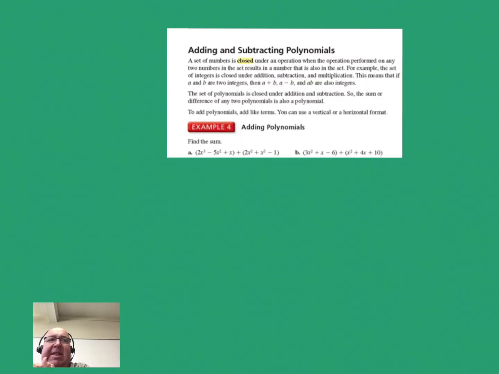What we're going to get into is adding polynomials, subtracting polynomials. So I'm going to rewrite this: 2x cubed minus 5x squared plus x.